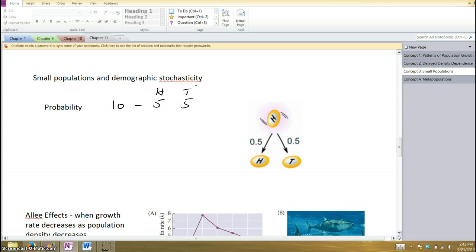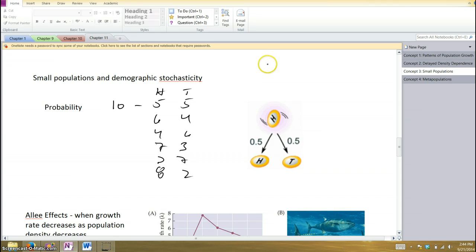But if each of us in the class were to go and do 10 flips, some of us might get 6 and 4, 4 and 6. Some of us might even get 7 and 3. And in some rare cases, some of us might even get 8 and 2, maybe even a 9 and 1. That would be highly unusual, but it's possible.